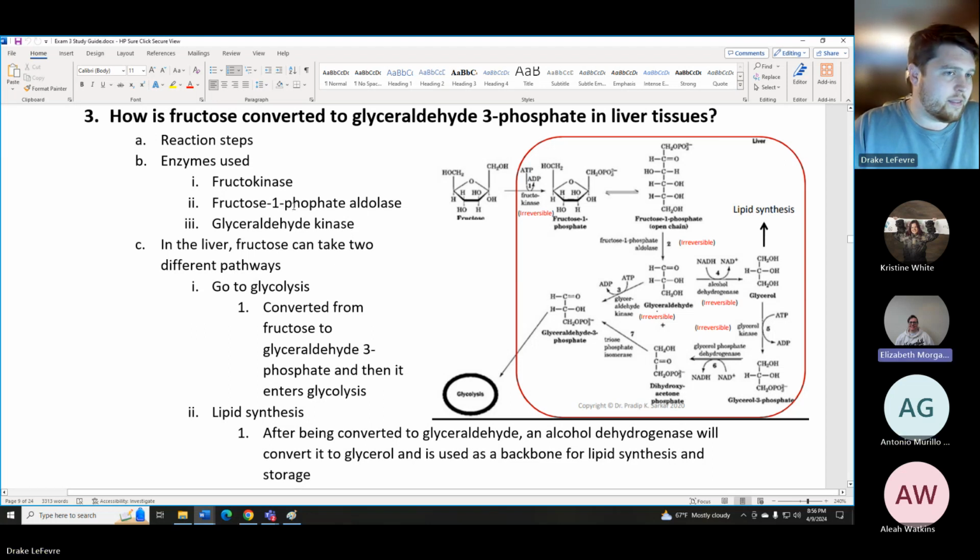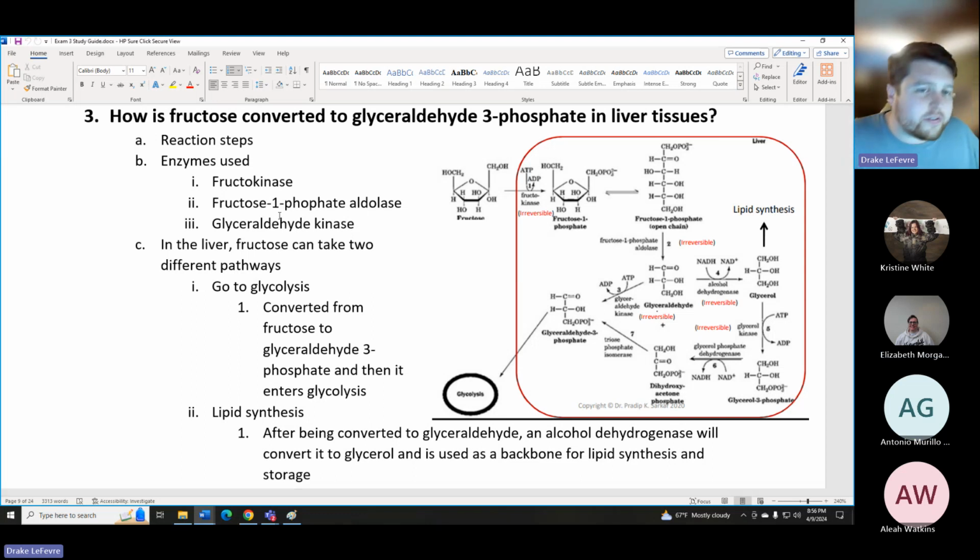That's a phosphatase. Yeah, our phosphatase. So kinase adds on. Phosphatase removes a phosphate group. Dehydrogenase removes hydrogen. Isomerase. What does an isomerase do? Rearranges. Yeah, it rearranges the whole thing.